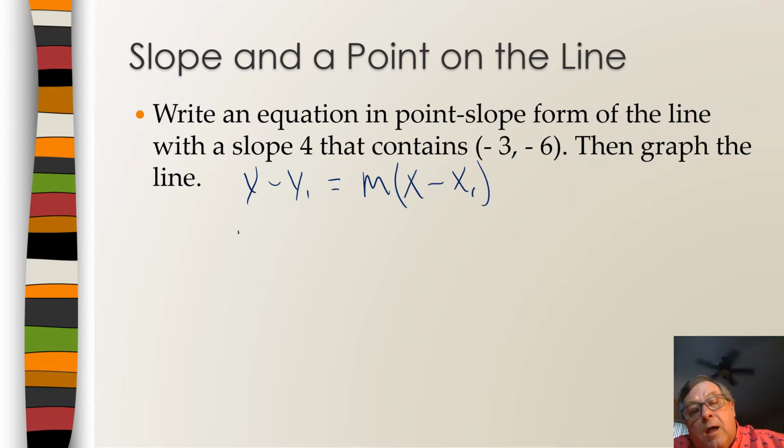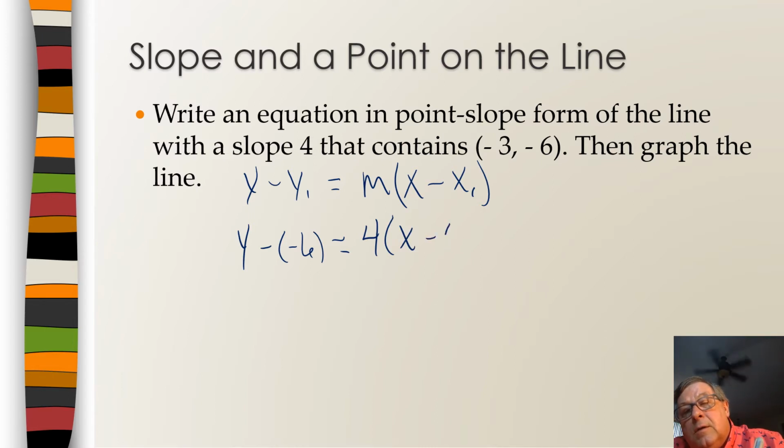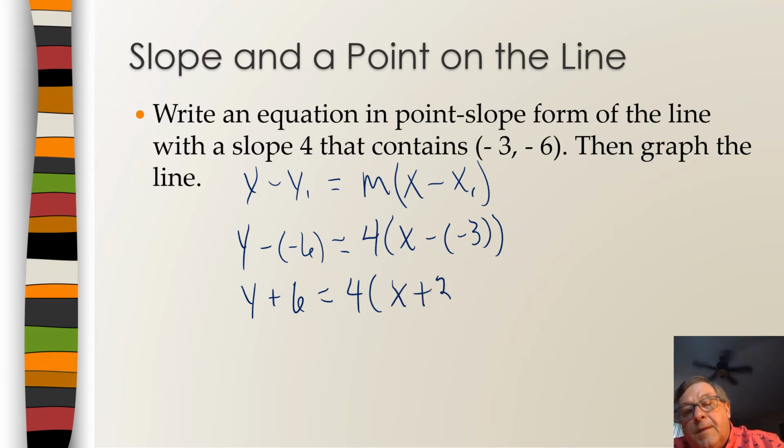So we got y minus -6, that's y1, equals 4 times x minus x1, -3. And let's go ahead and clean that up a little bit because the negatives are going to become positive. And so here in point slope form, we got y plus 6 equals 4 times x plus 3.